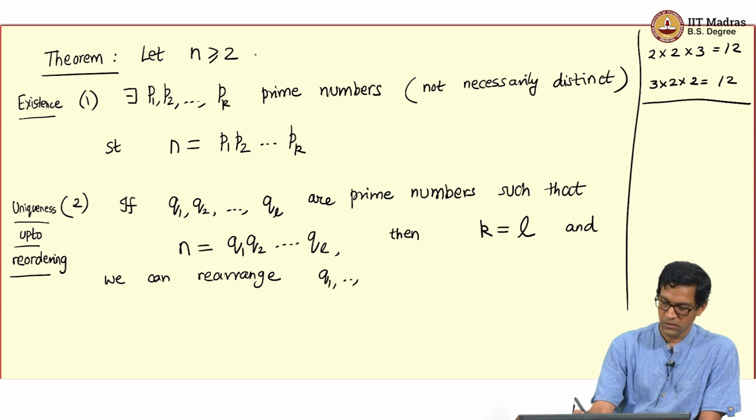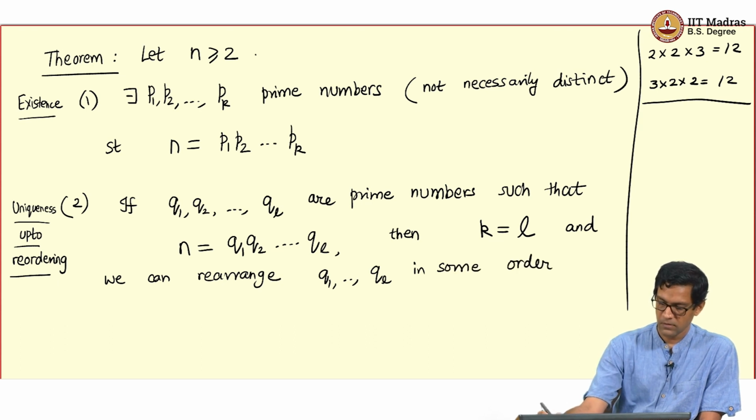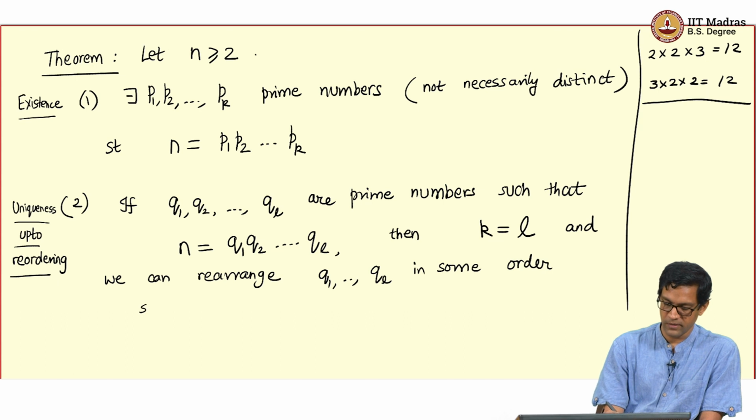we can rearrange q1 to ql in some order. Let us write them down, say I will just call that rearranged as, so the first term could be maybe q3, so i1 is 3, qi2, qi3, ..., qil.